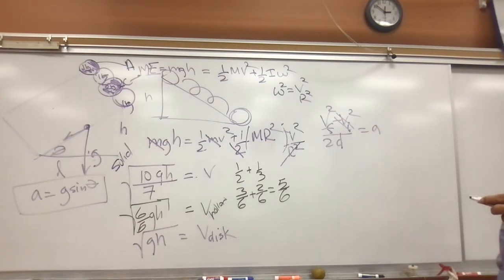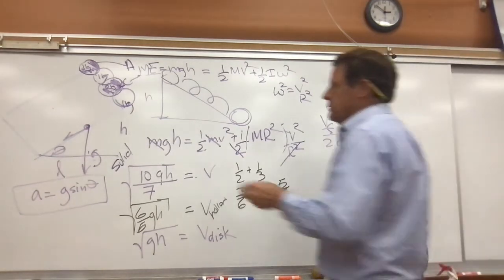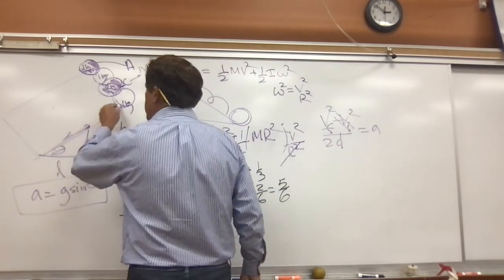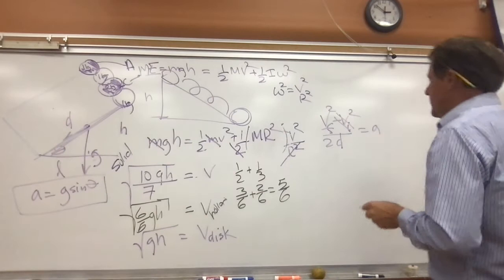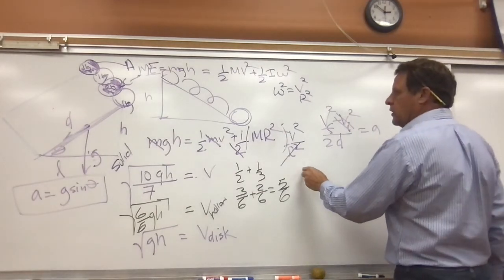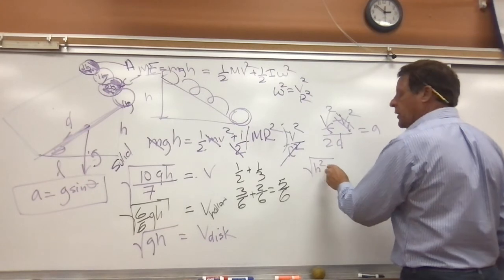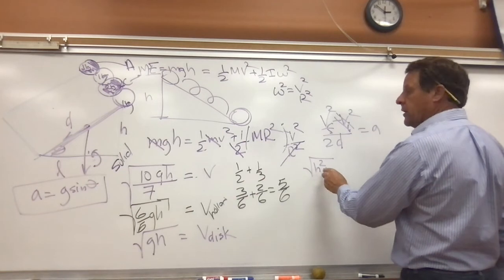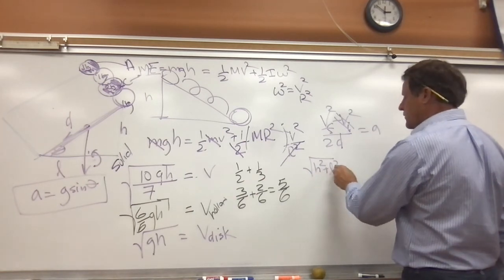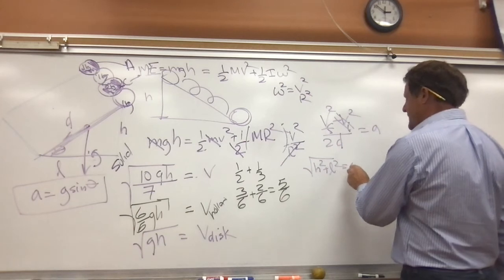And your d here would be that length d, and that would be equal to the square root of h squared plus the length squared. That would be equal to d.